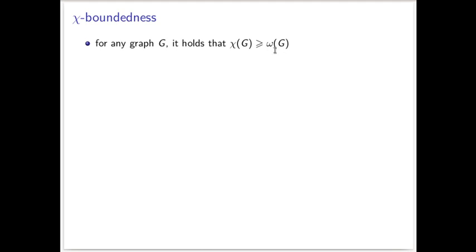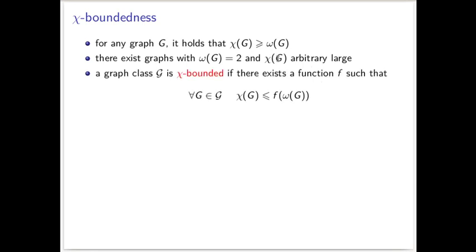Since each vertex of a clique has to receive a different color, we have that chi of G is greater than or equal to omega of G. The other direction is false in general, since there exist triangle-free graphs with arbitrarily large chromatic number. Now a graph class is chi-bounded if there is a function f such that for any graph G of this class, the chromatic number of G is at most f of the size of a maximum clique of G.